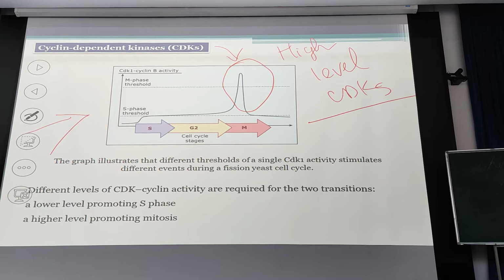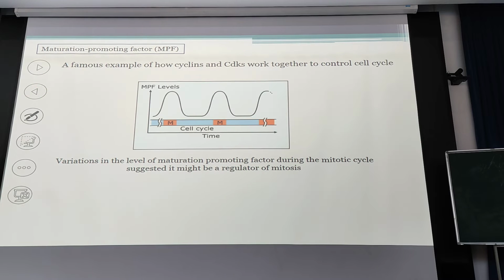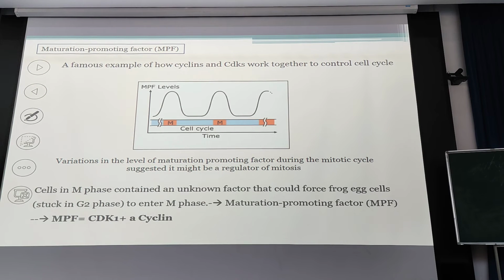A lower level is the S phase. A high level is mitosis. And together, CDK plus cyclin, we have the maturation promoting factor. Remember this structure only.